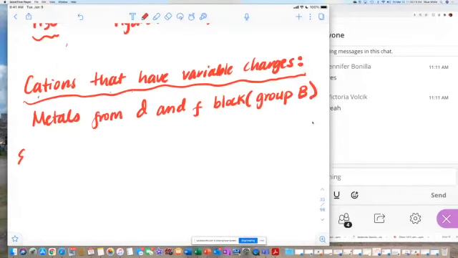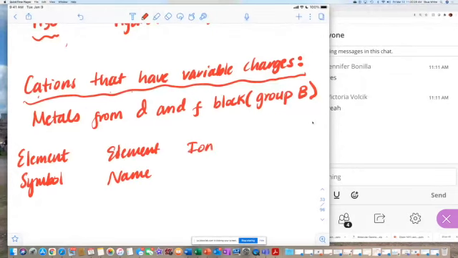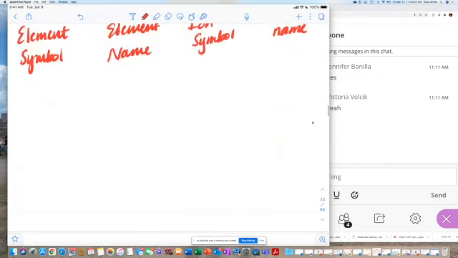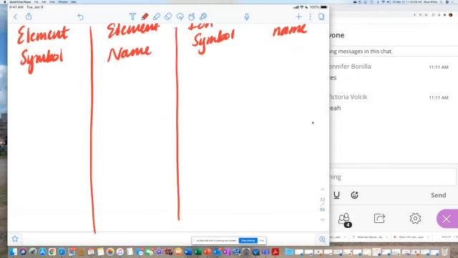Right here: element symbol, element name, ion symbol, ion name. Okay, so as we go through this, you can see how this works out.